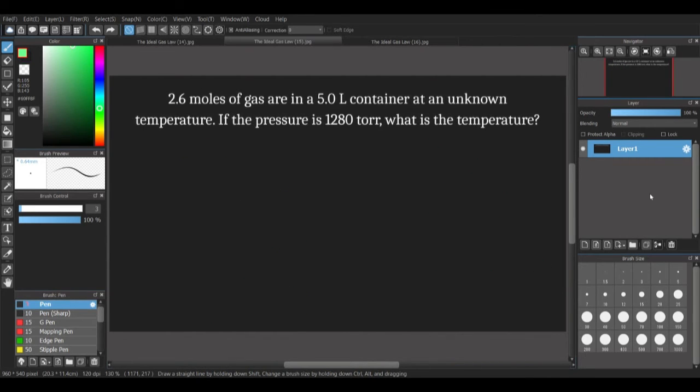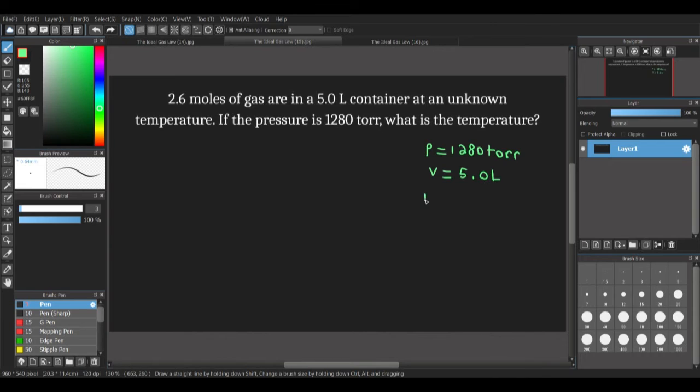For our next example, there are 2.6 moles of gas in a 5-liter container at an unknown temperature. If the pressure is 1,280 torr, what is the temperature? So as per usual, we're going to write our givens first. We're told that our pressure is 1,280 torr. We're told that our volume is 5.0 liters.